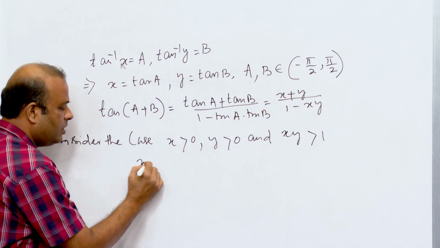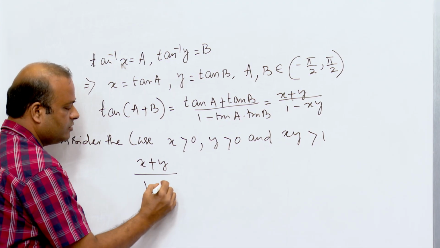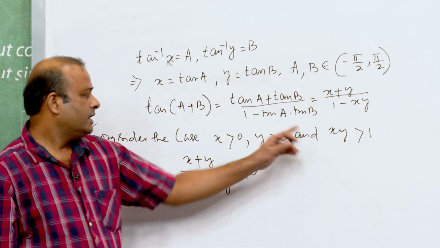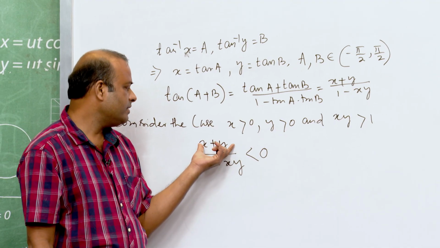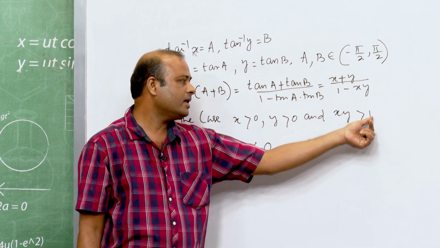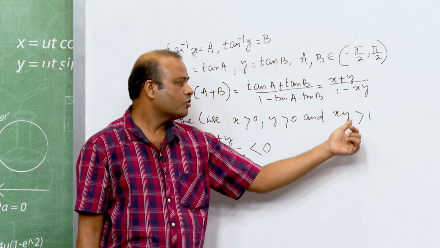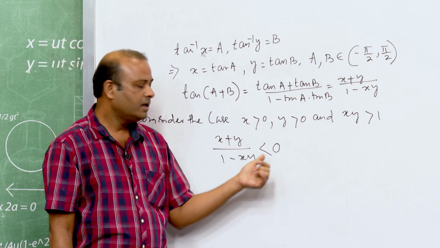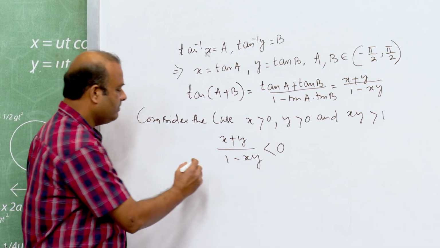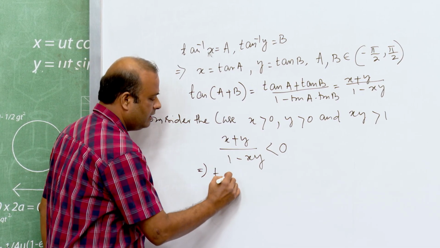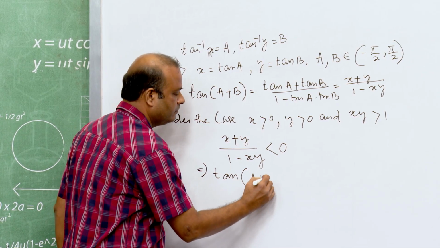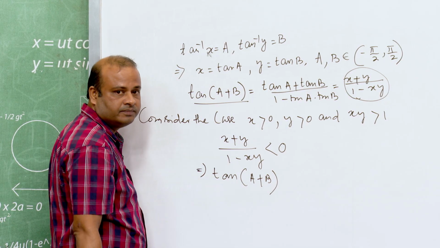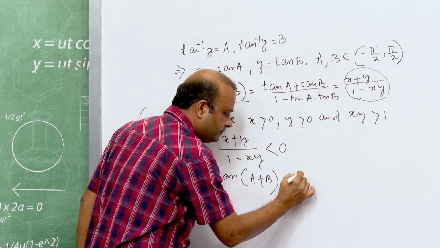So, (x plus y) by (1 minus xy) is negative, because x is positive, y is positive, so x plus y is positive, but xy is greater than 1, that is, 1 is less than xy. So 1 minus xy is negative; this one is positive, this one is negative, so the whole total is negative. This implies tan of (A plus B) is negative.